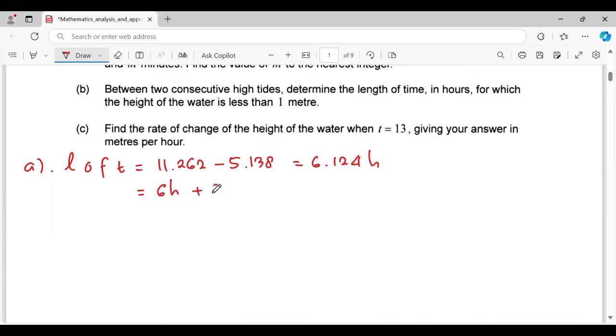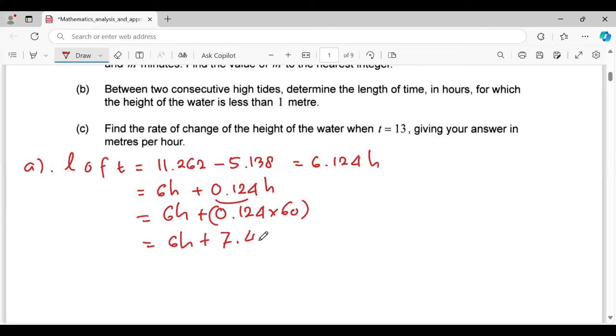So 6 hours plus 0.124 hours. I'm going to convert this part into minutes. 0.124 times 60. Okay, so it becomes 6 hours plus 7.44 minutes.